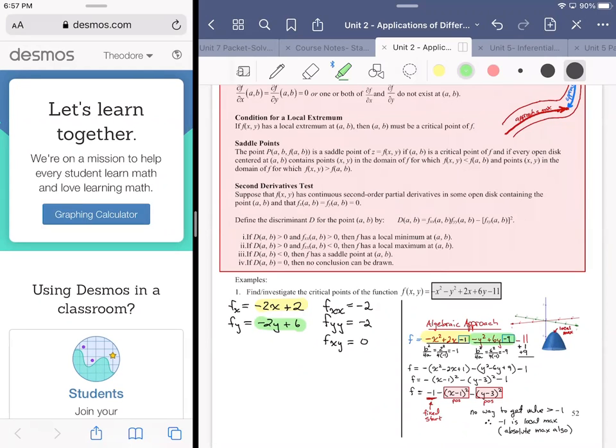Now what we do is we evaluate our, well, in this case, I'm kind of cheating because all the second order partials are constant. So it's not really dependent on a critical value, but I'll take you through the process anyway.